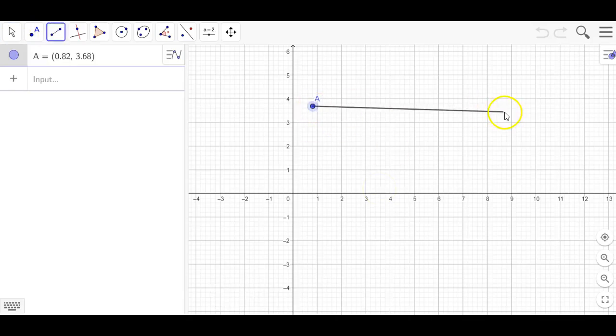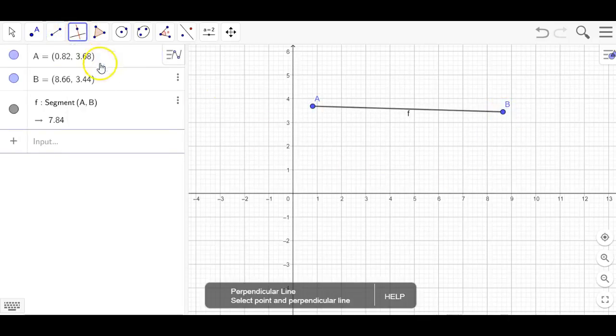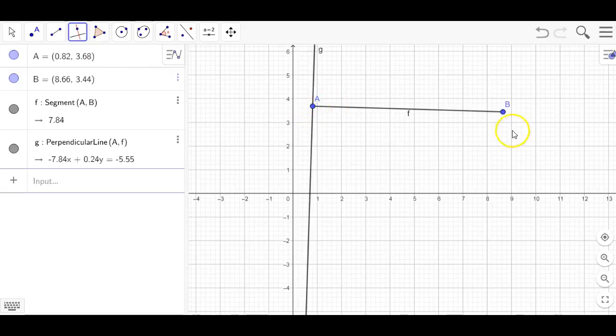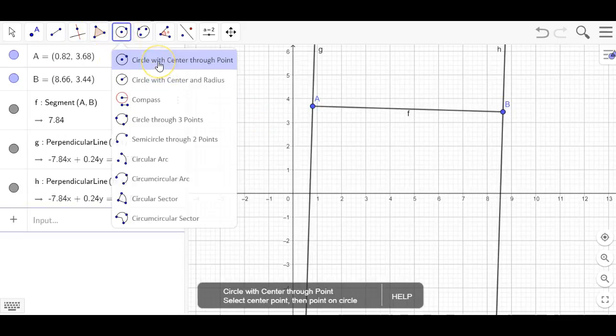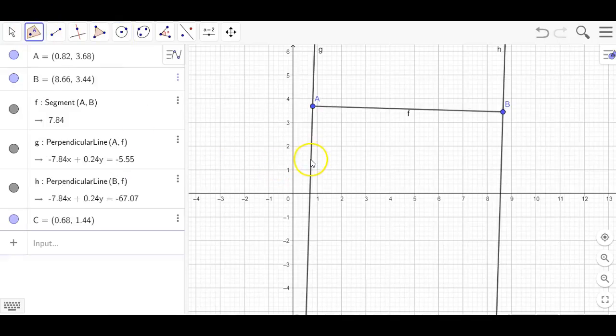Let's see if I had a segment here, and then I had perpendicular lines on the end of them here and here, right? And then let's say that I put points on those perpendicular lines somewhere.